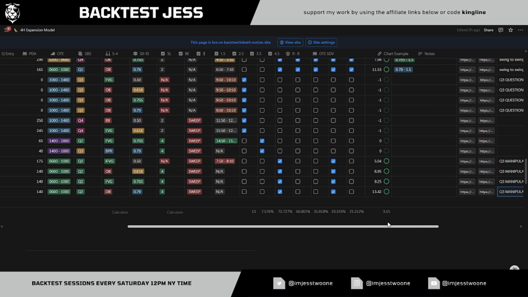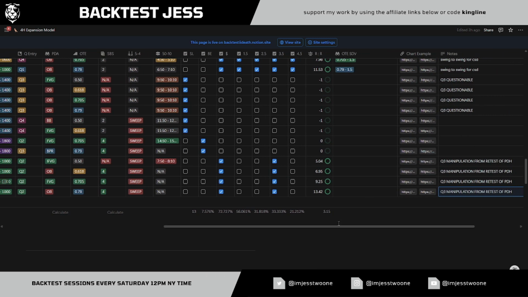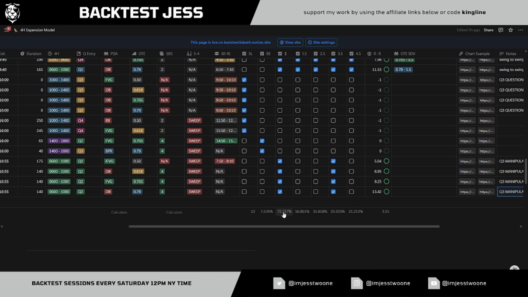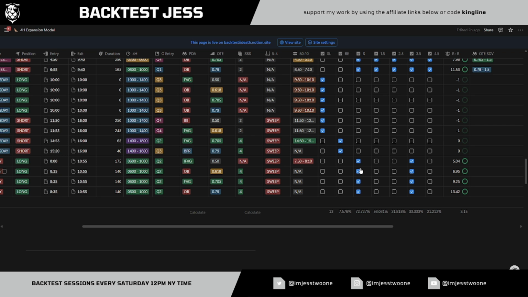I think this loss that we took up here was 100% unnecessary, again, because Q3 was super questionable for these. So it did bring our win rate down to 72%. But I think obviously that's still pretty solid. Even in comparison to all the other backtests that we've done within this server, 72% is pretty respectable, being that most of them hover around 60s, 65 to 70-ish.